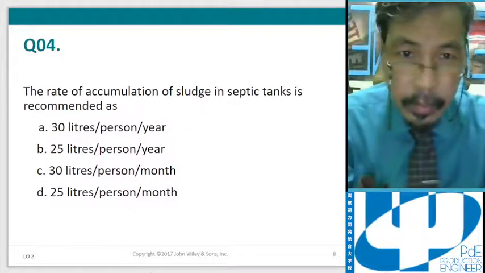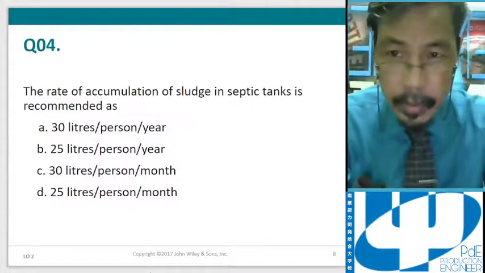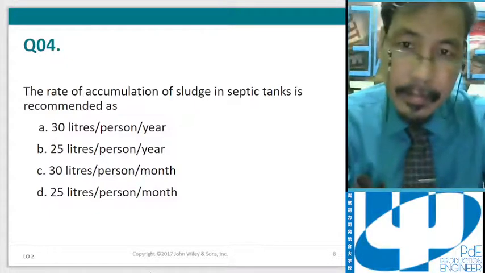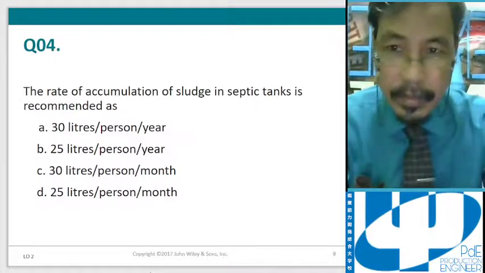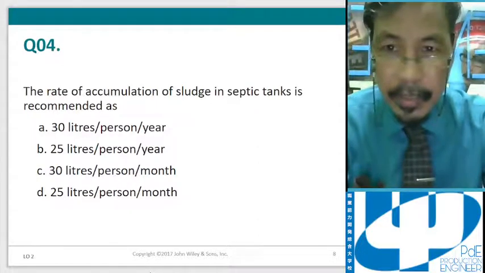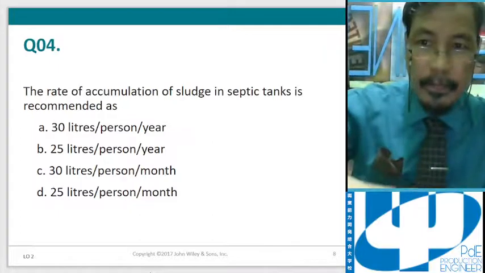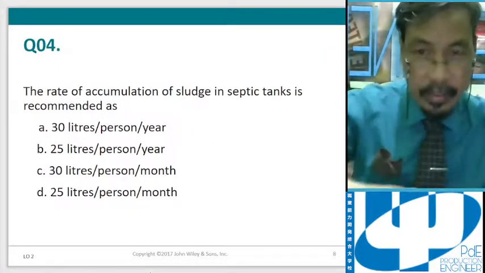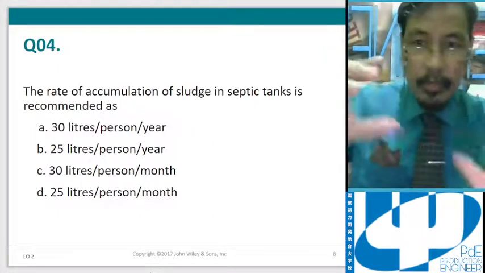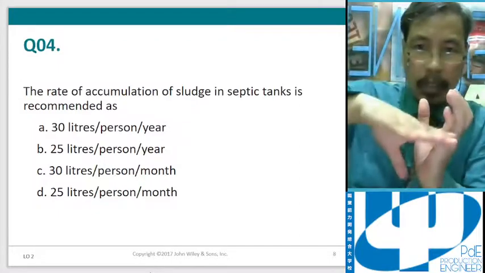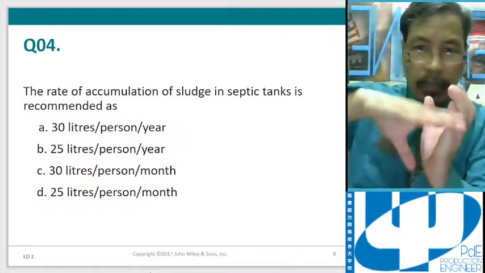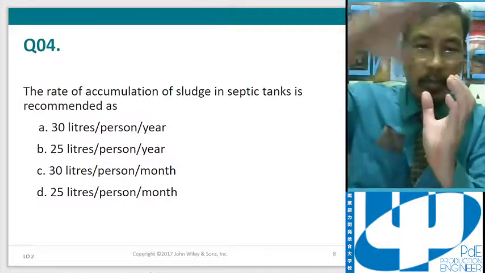Question 4. The rate of accumulation of sludge in septic tank is recommended as. So how much is the septic tank growing its sludge inside it? So it grows and grows, day per day, weeks per weeks, month per month, and so on.